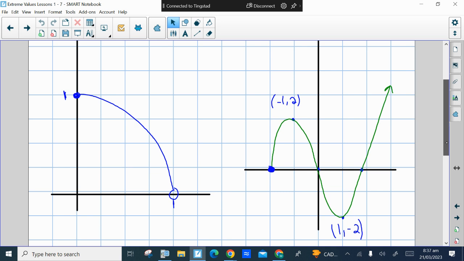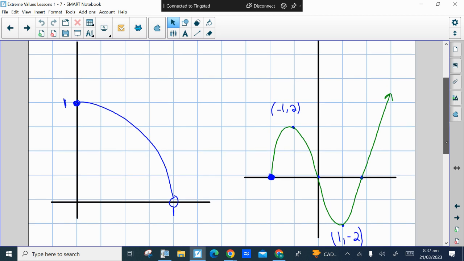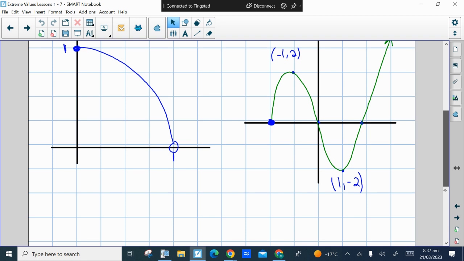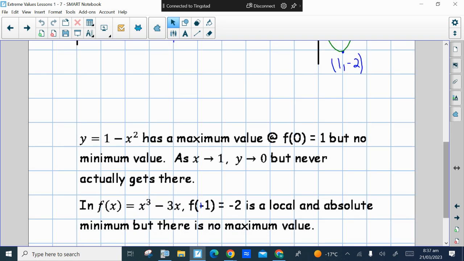Each vertical line is 1/4 of 1. But it's labeled here where x is 1, so that is the point (1, 0). So in that case, as it says below, there is a maximum value at f(0), which is 1, but there is no minimum value. As x approaches 1, y approaches 0, but it never actually gets there.